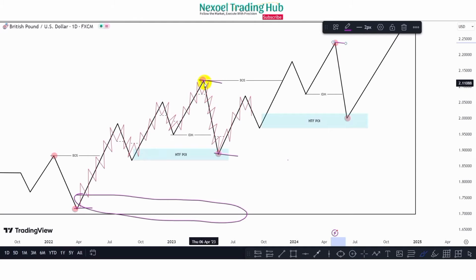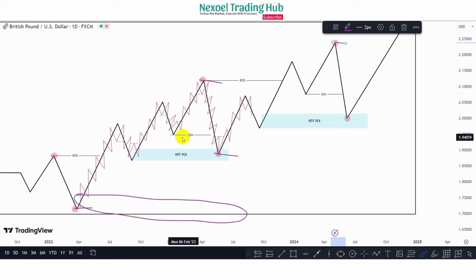That doesn't mean that the market condition has changed from bullish to becoming bearish. So what price is actually doing here is to drop to the downside to come mitigate this decisional point of interest. So a lot of traders confuse this price movement and assume that once they see this change in market character from a lower time frame, they assume that the condition of the market has changed.